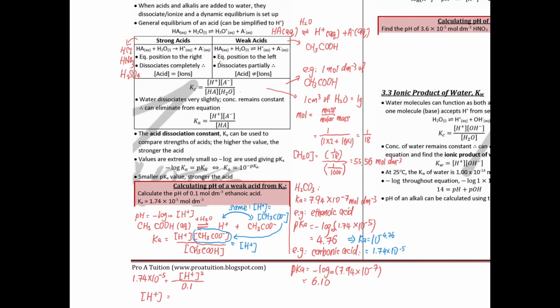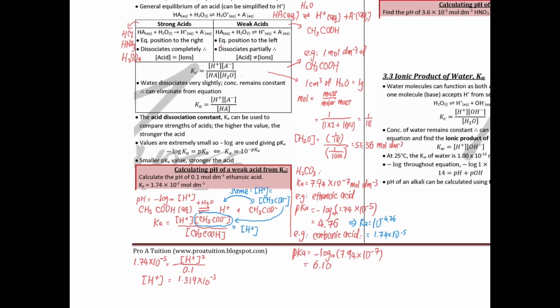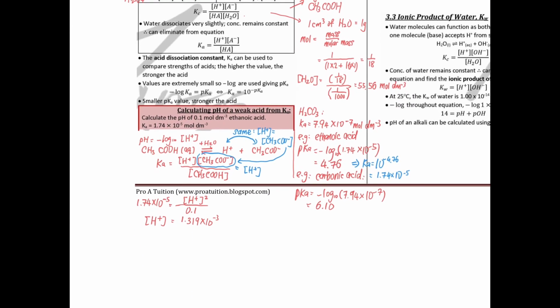Let me press the calculator: you multiply the two decimals and then square root, and you get 1.319 times 10 to the power of -3. So that is the concentration of H plus.